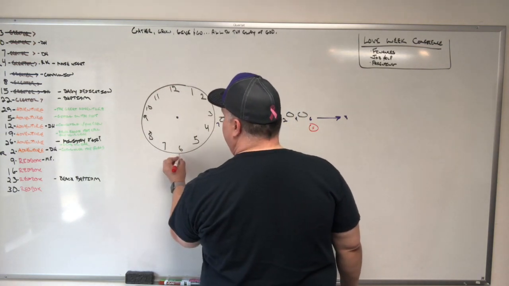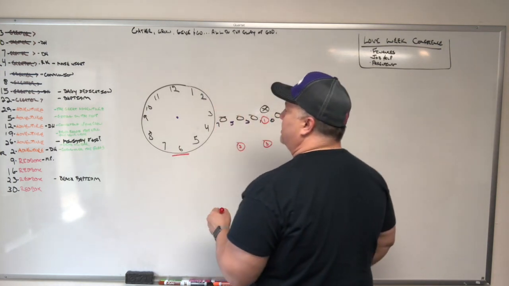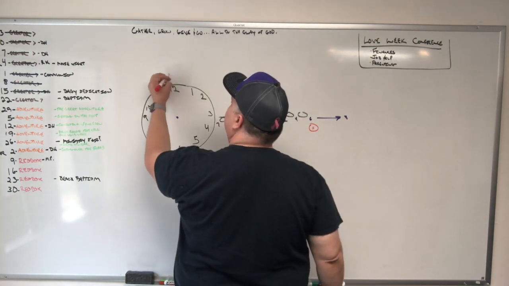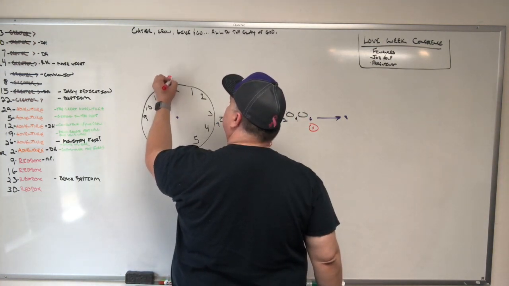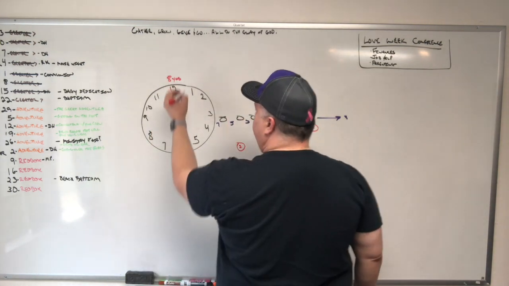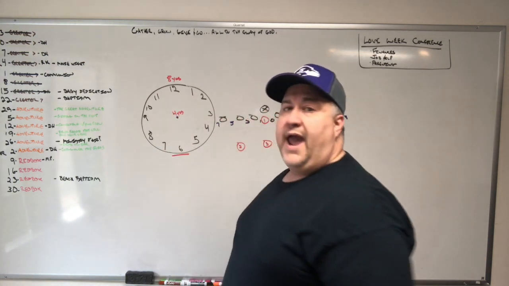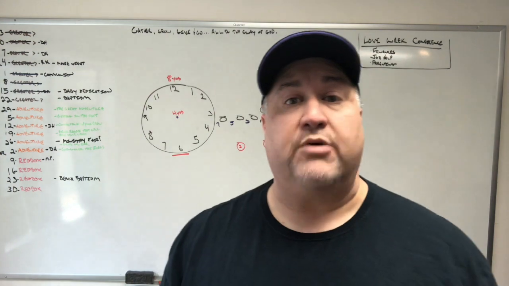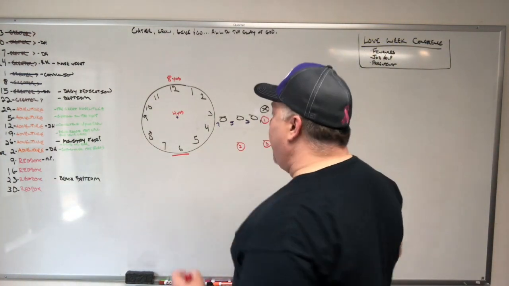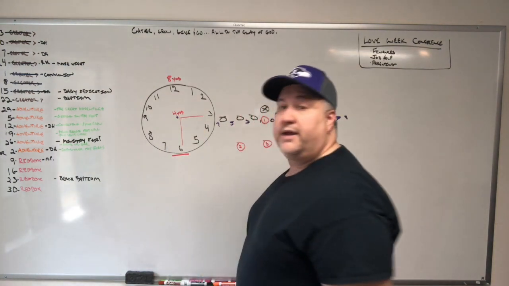So let's pretend here that the line of scrimmage is at the bottom of the clock, and from the bottom of the clock to the top of the clock is 8 yards. So the middle of the clock would be 4 yards. And we're going to call these routes by their number on the clock. If I want you to run a 3 route, you will run up 4 yards and then towards the 3.